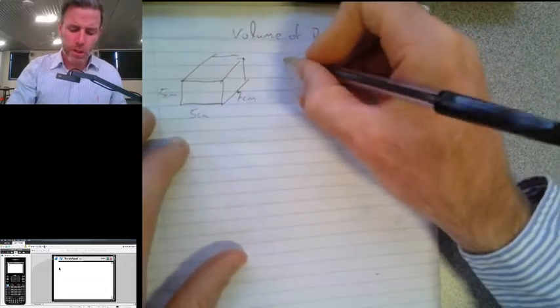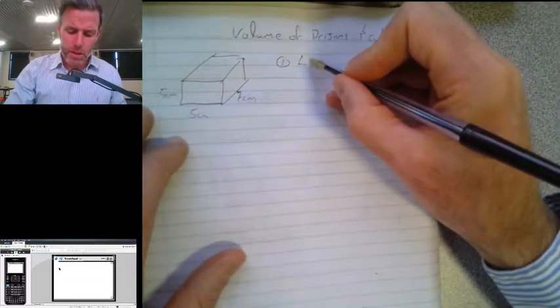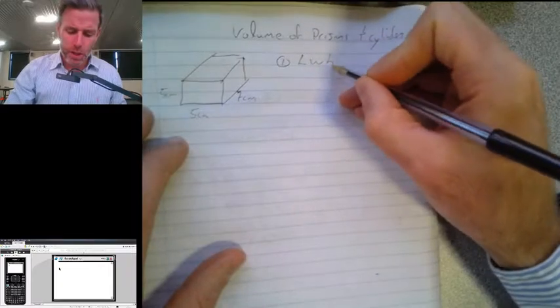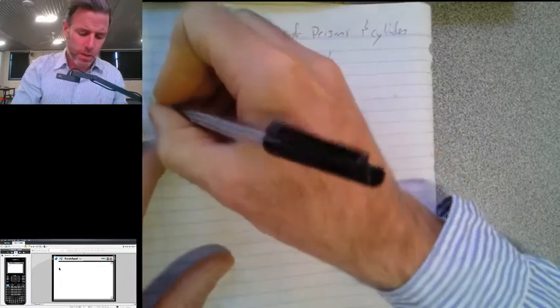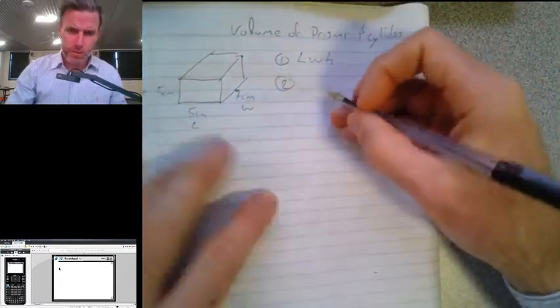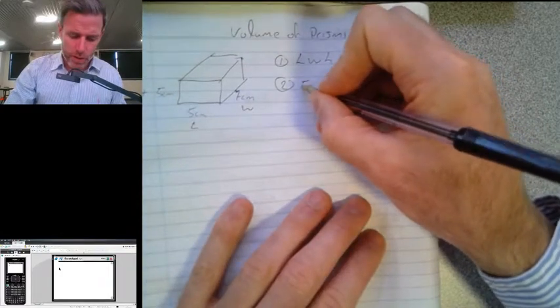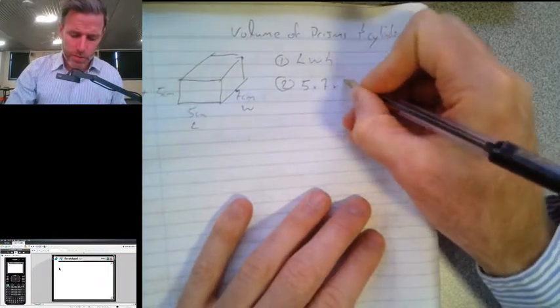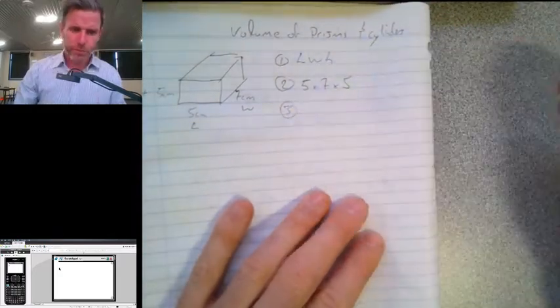The formula for a rectangular prism is length by width by height. If we go over here, this is the length, this is the width, this is the height. Substitute next, so it's 5 times 7 times 5, and finally you solve.